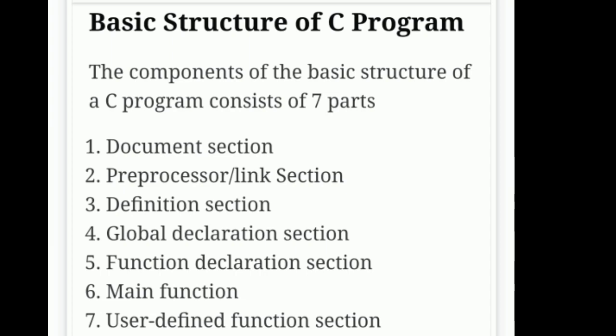What are the topics you have discussed here? In the basic structure we have 7 points. They are the documentation section, preprocessor section, definition section, global declaration section, function declaration section, main function, and user defined functions.